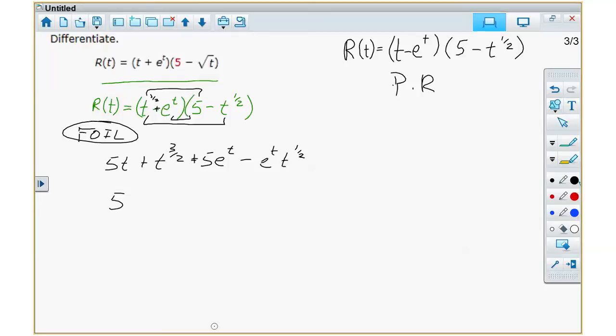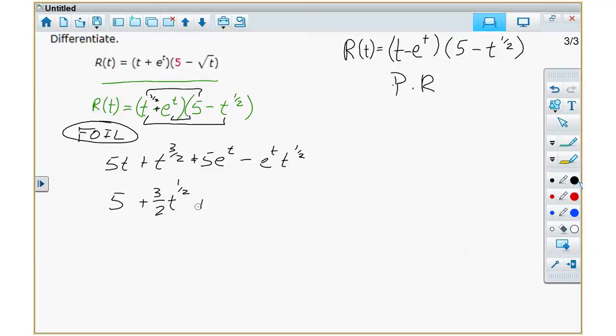All right. So this right here is going to be 3 halves t to the negative what? 5 halves. I'm sorry, 1/2. 3 halves minus 2 halves is 1/2. Not 3 halves, 5 halves.